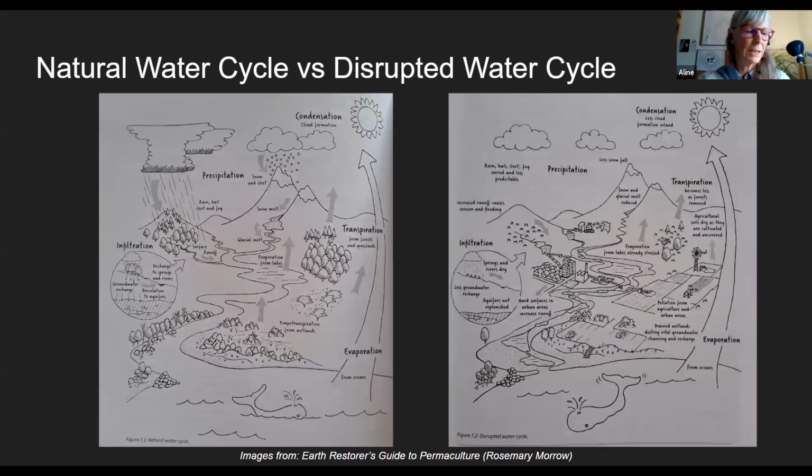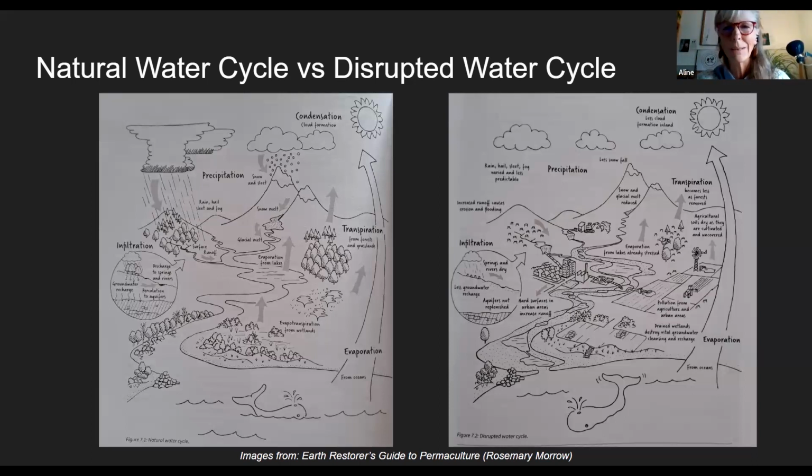So when we look at water cycles, there's the natural water cycle, and then we see that there has been some disruption taking place. These images are from Rosemary's book, the latest Earth Restorer's Guide to Permaculture. On the left, we have the natural water cycle, which maybe you are familiar with, the typical landscape where the water evaporates from above the sea and then flows inland and rains out above the mountains.